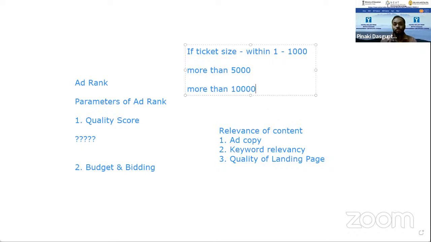So in this way, if you are selling something that costs within 1 to 1,000 rupees, your budget can be lower. You can use a lower budget like 200, 300, 500, or maybe 1,000 rupees daily budget you can spend.